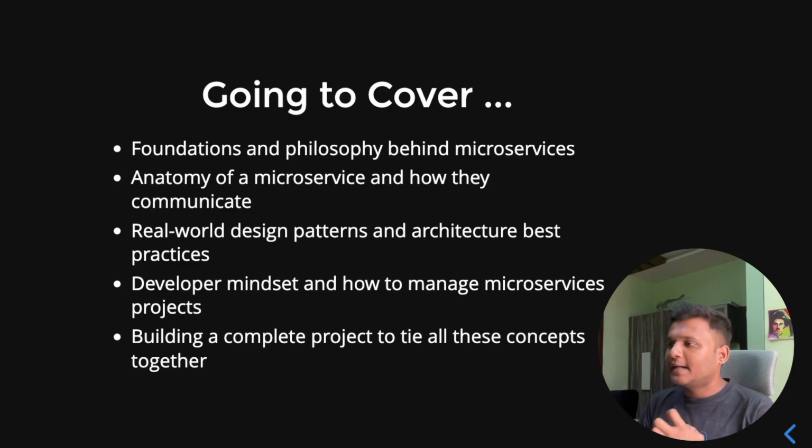Then real world design patterns and architecture best practices, like the saga pattern for distributed transactions, circuit breakers for resilience, event driven architecture using Kafka or RabbitMQ, caching strategies like Redis, and a lot of other industry design patterns that we are going to cover in this.